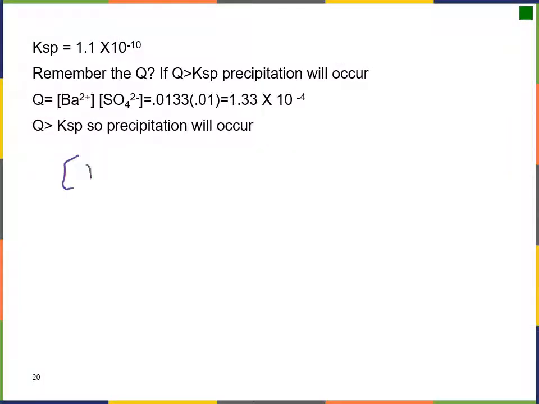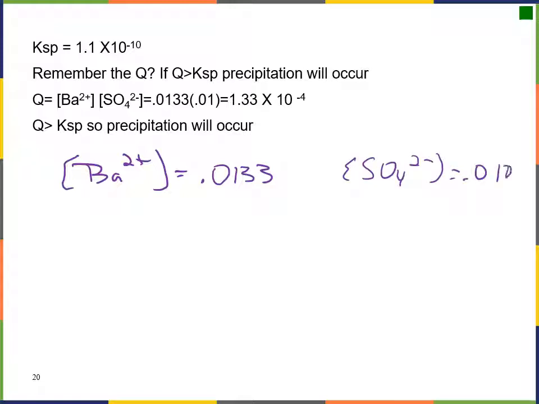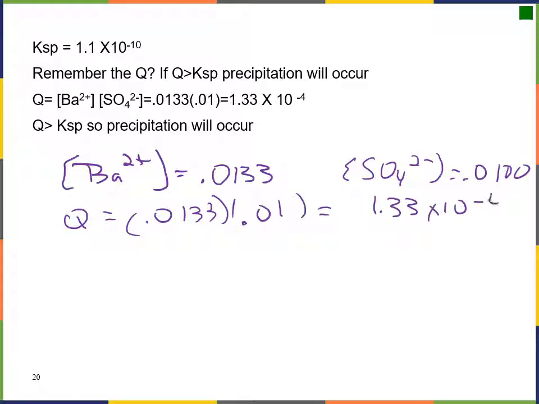The initial concentration of barium is equal to 0.0133. The initial concentration of sulfate is equal to 0.010. Our Q is the product, and that's going to equal 1.33 times 10 to the minus 4.